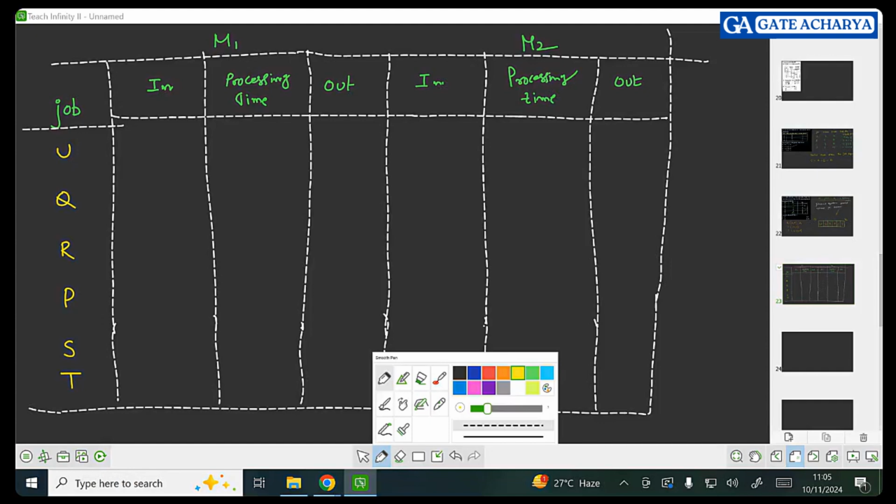Let me know the processing times, guys. What is the processing time for M1 U? See that and let me know because I can't go back continuously.